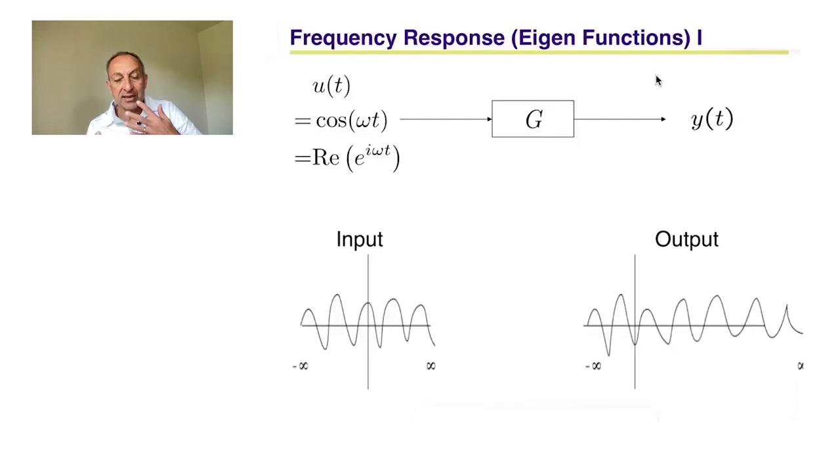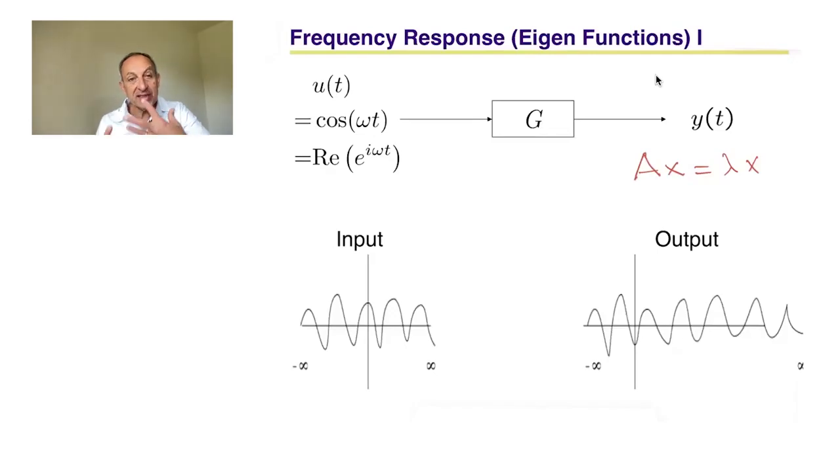That, in fact, sinusoids are what are known as eigenfunctions. If you think about a matrix, an eigenvector of a matrix is one where if you apply A times X, you get lambda times X. We call that an eigenvector because the vector is just scaled at the output, right?